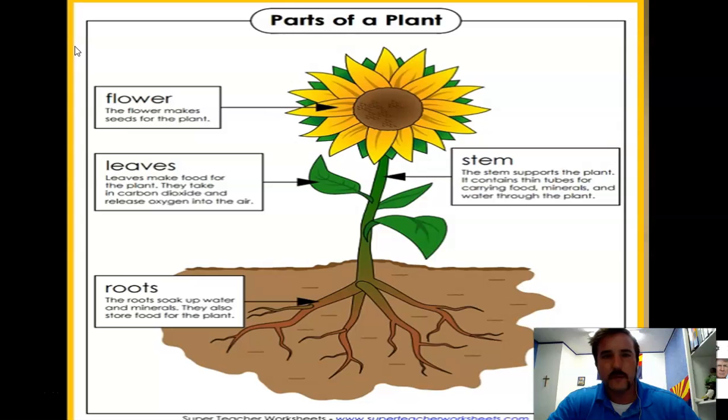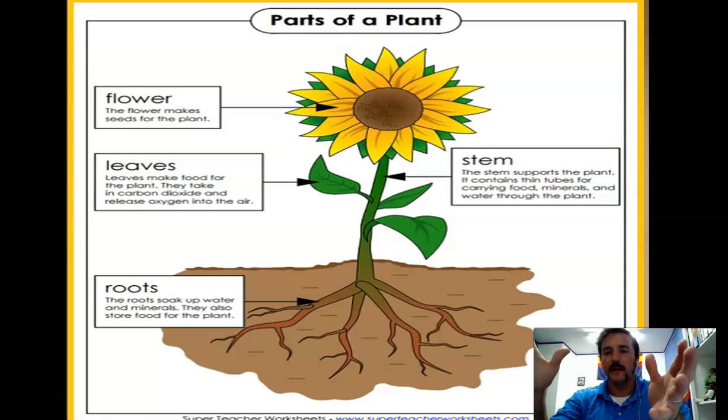But most vascular plants are exactly like this. Same 3 parts. They have roots, they have the stem, and they have the flower. Vascular plants are going to have leaves way on top. Not necessarily on the stem, but flowers are a little bit different.